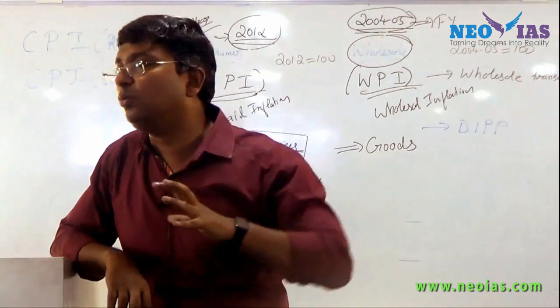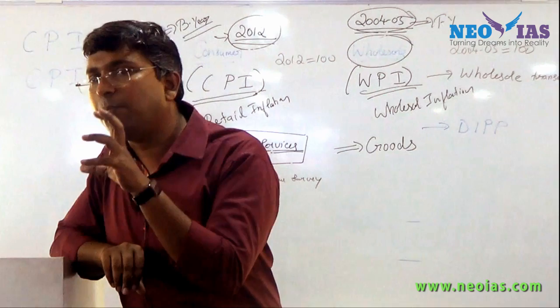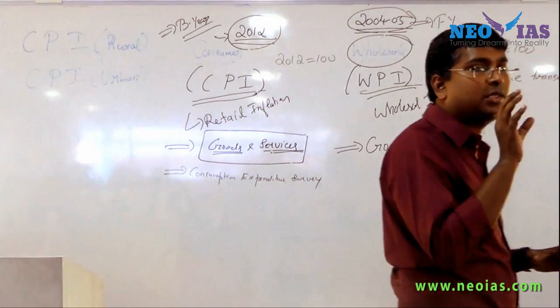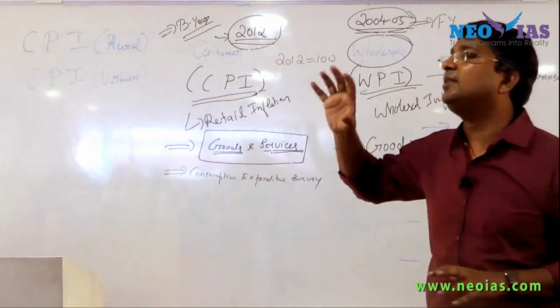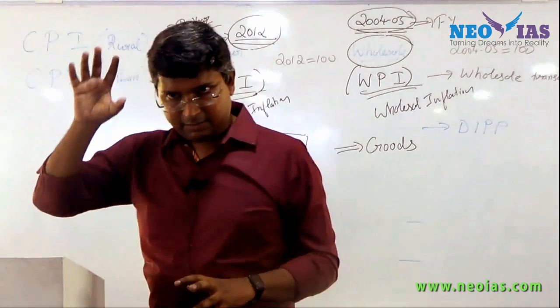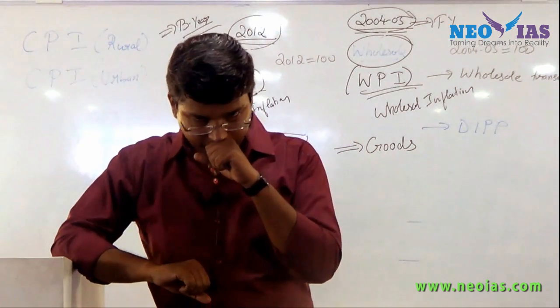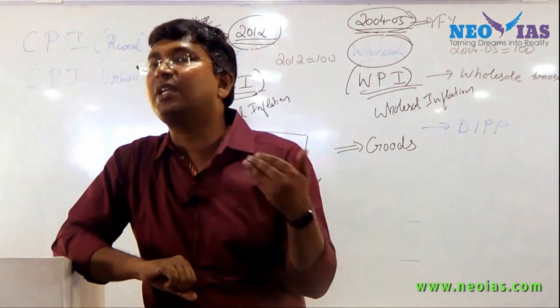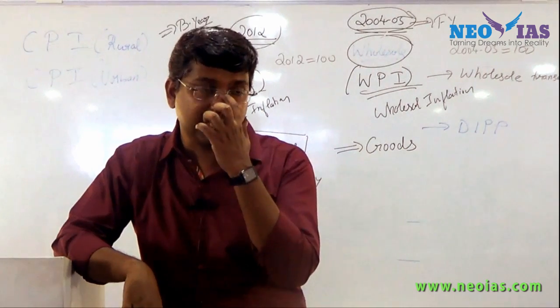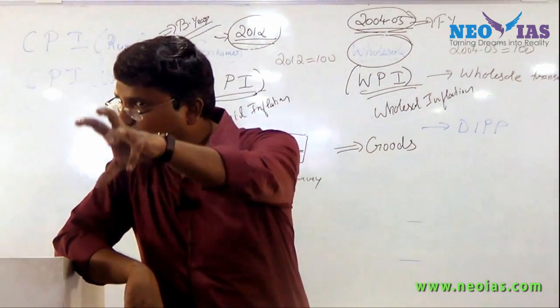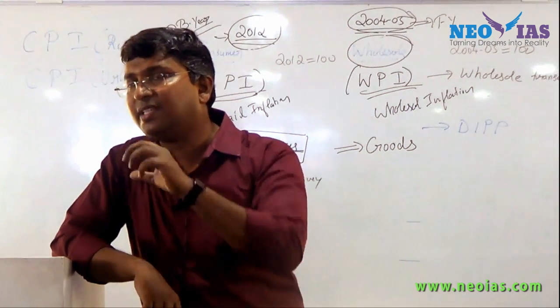They will only look into consumer price index data. This will be repeatedly mentioned. There is a concept we will be discussing called inflation targeting, and it has already come in the newspaper. What is this inflation targeting?